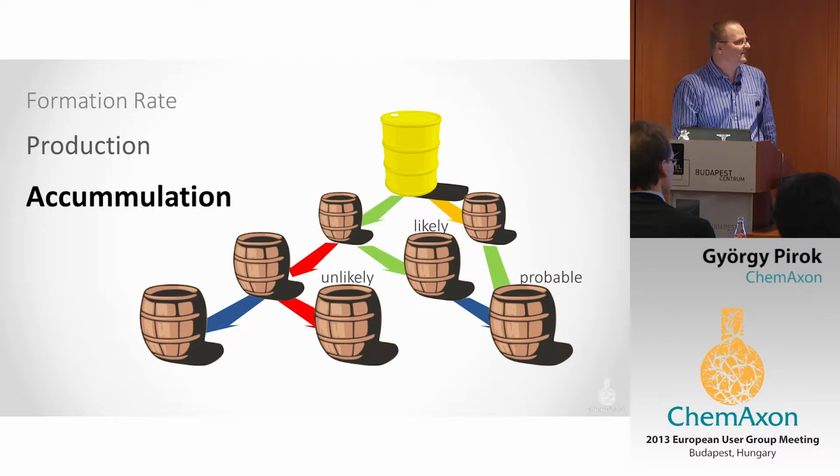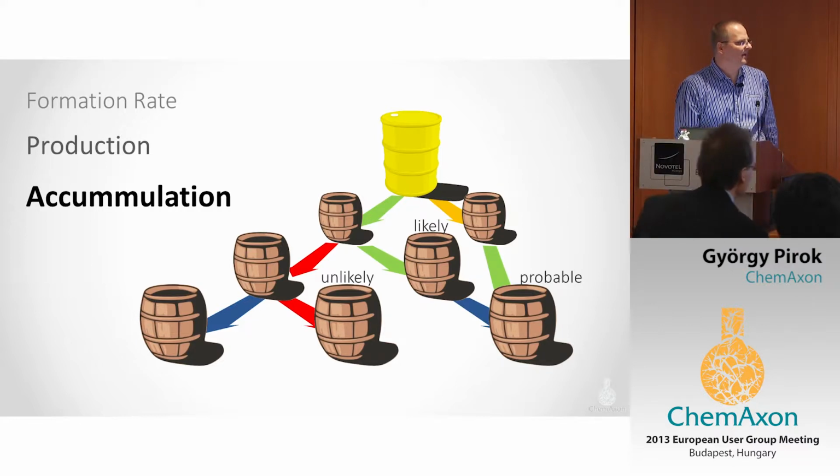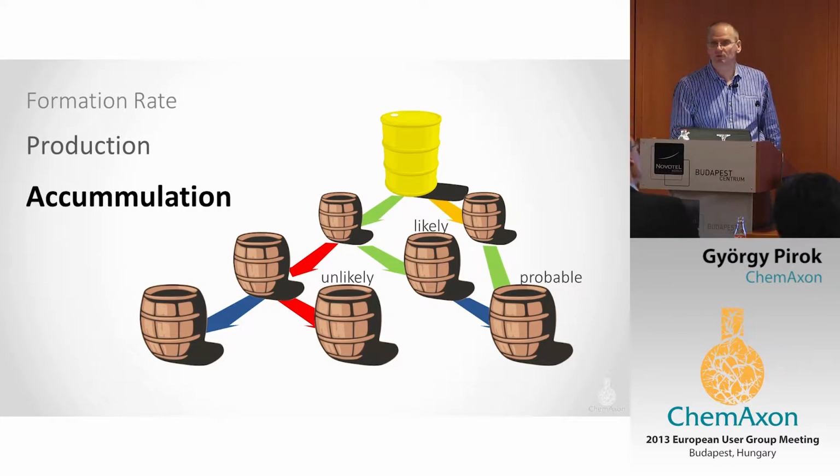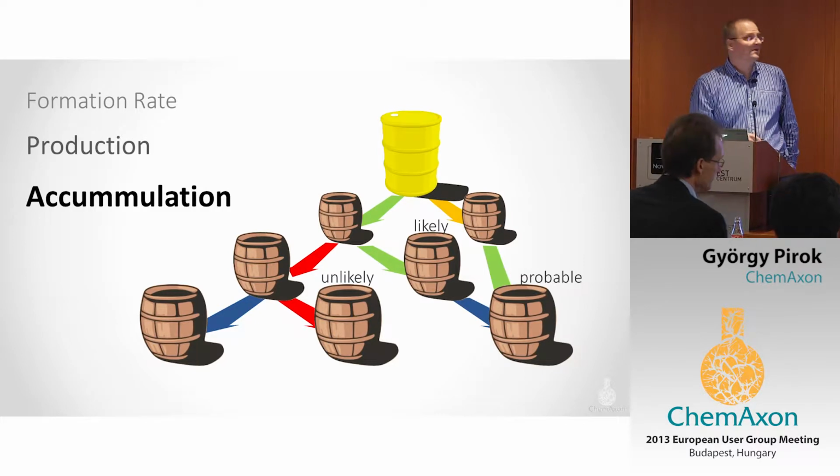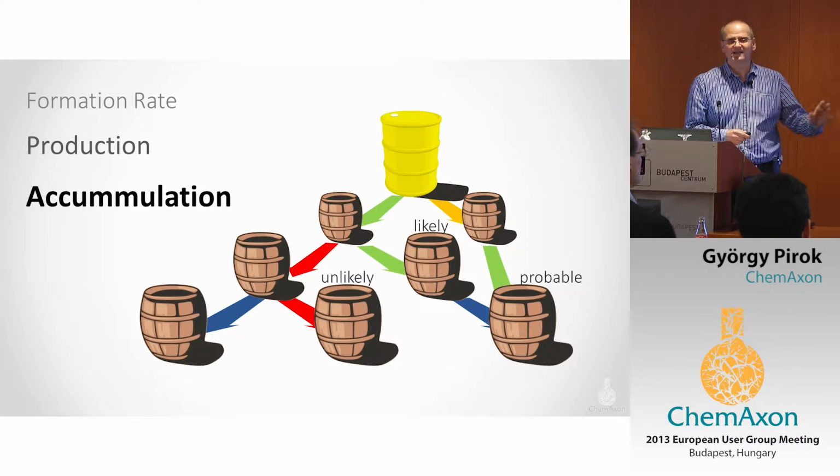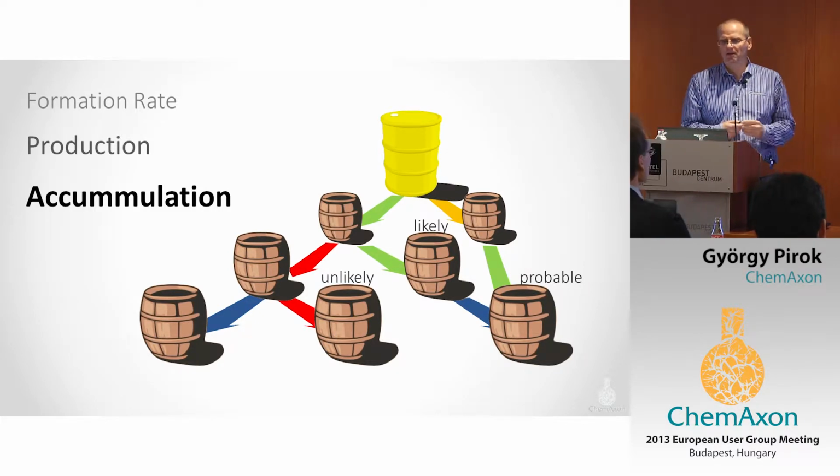So you can see that, for example, this metabolite is produced quickly and consumed slowly this way, but on another way it is consumed quickly as well. So it probably doesn't accumulate. But the other one, which is flagged with this likely label, is produced quickly and consumed slowly. So these colors represent the thickness, which is the formation rate.